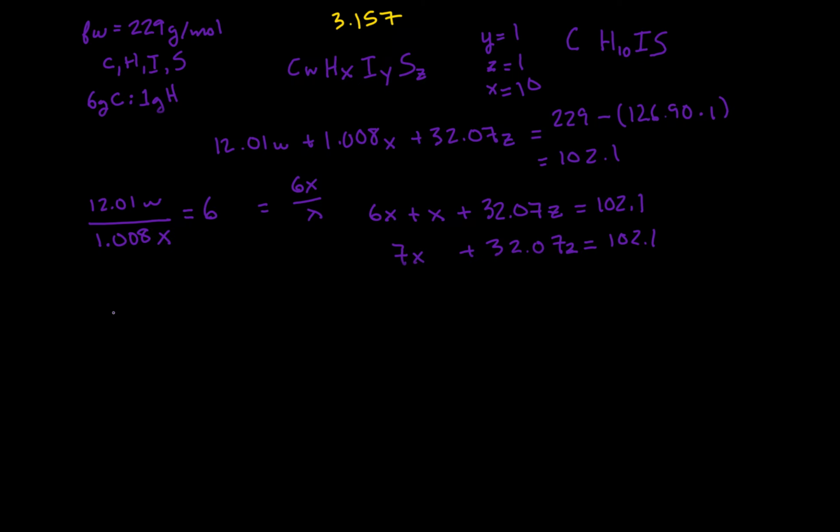So 6x over x equals 6, and we're going to write this 6x term in terms of w. 12.01 w, divided by the value of x in there, equals 6, so w is equal to 6 times 10 times that, so that's 60 point, well, no idea, let's write it like that.